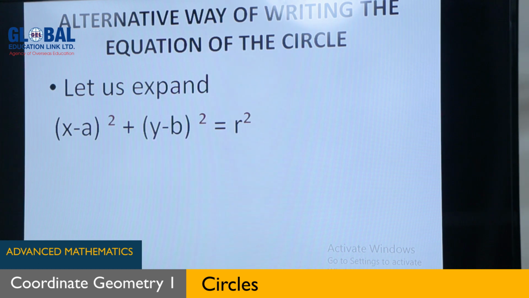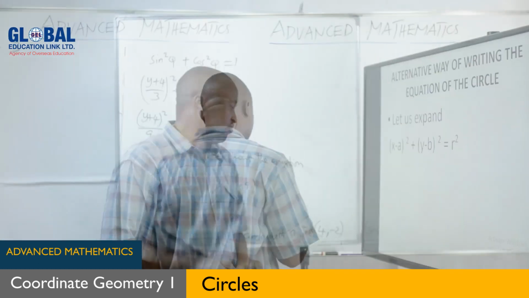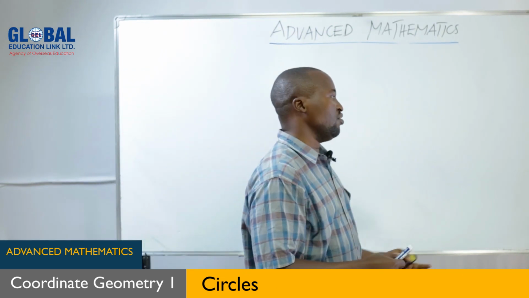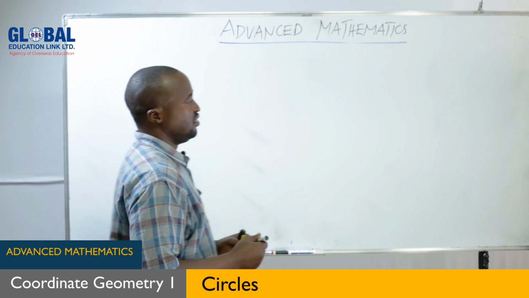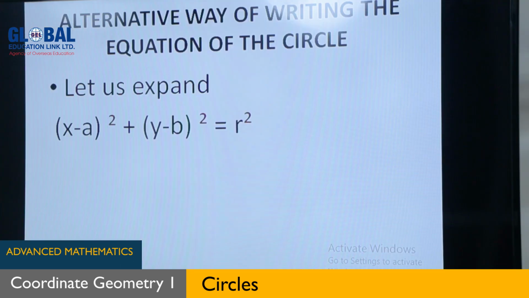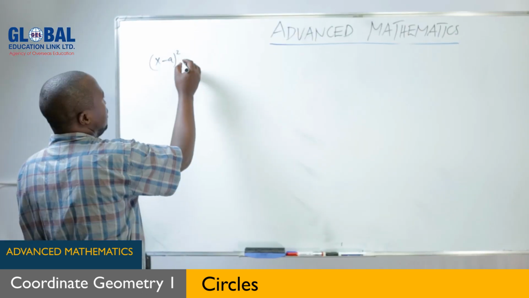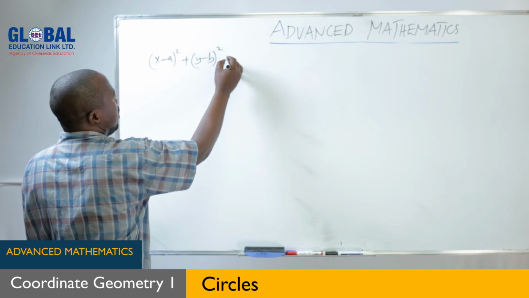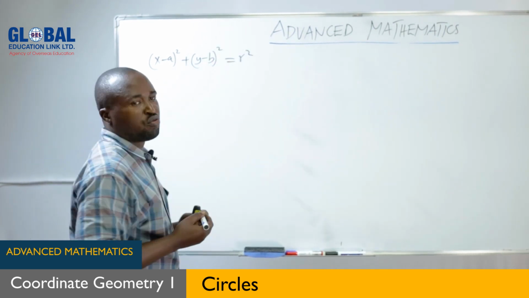So this time we are going to expand this equation. So we have the general equation of the circle, that is x minus a squared plus y minus b squared is equal to r squared.